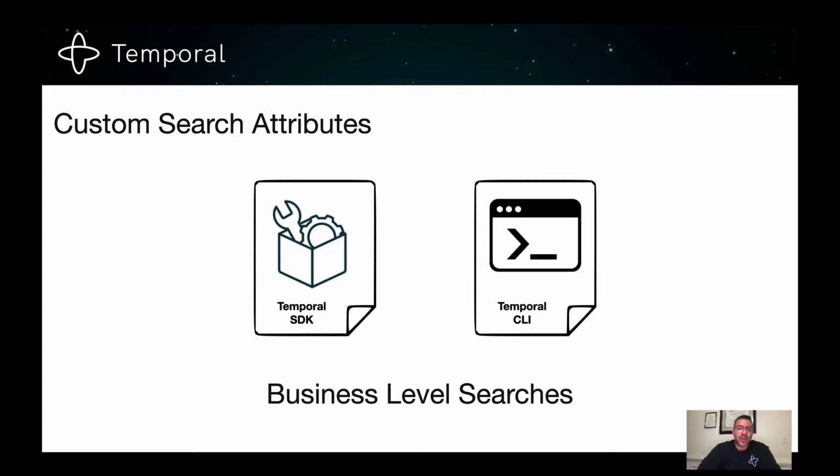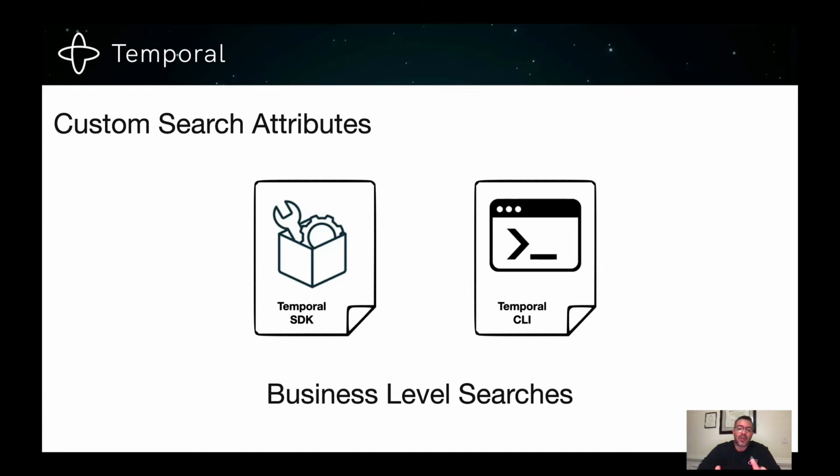Another thing that Temporal provides is custom search attributes, meaning that alongside our workflow definition through the Temporal SDK or the CLI, we can add custom things. Like in our demo, we want to know how many patients have onboarded over the last, let's say, week, or we want to rank the conditions from 1 to 10, from the most common condition that patients had to the least, and things like that.